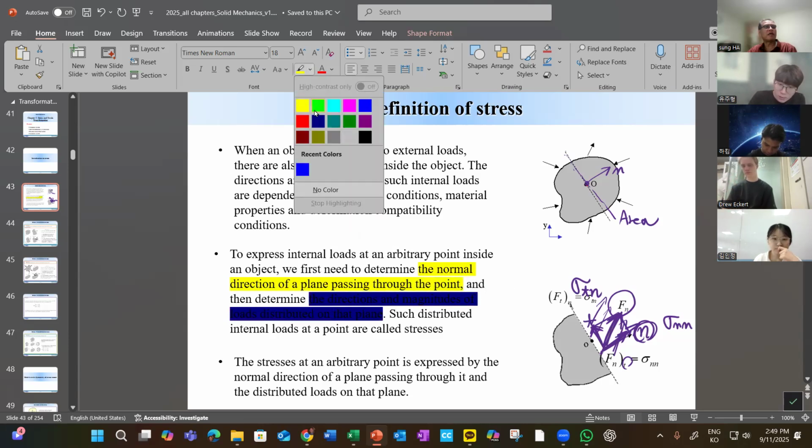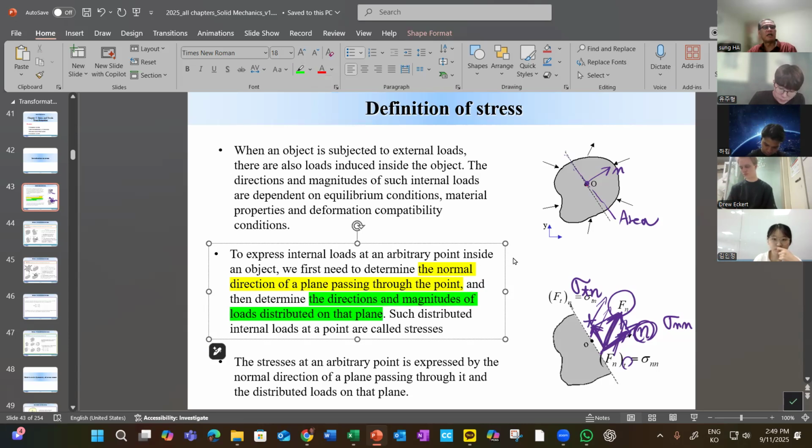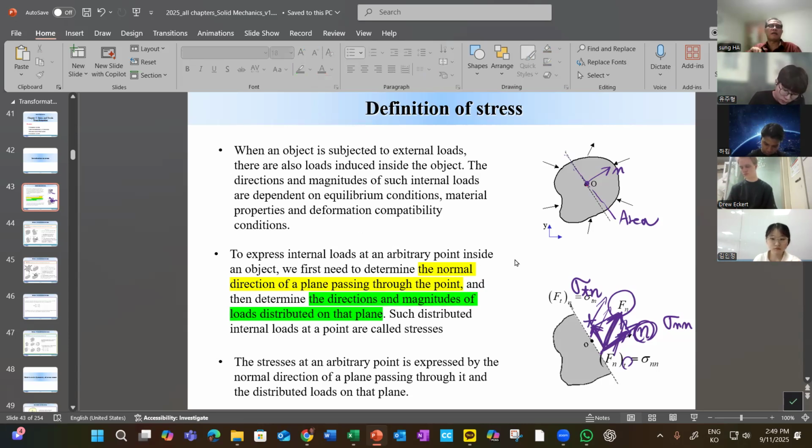So as you can see, we need to define two vectors: one is the normal vector, and the other is the force vector. The force vector will have a component in the normal term and a shear term. That's why we call one sigma nn, and this one sigma tn.